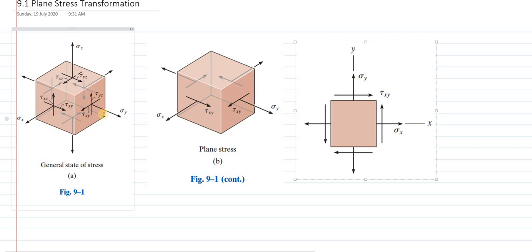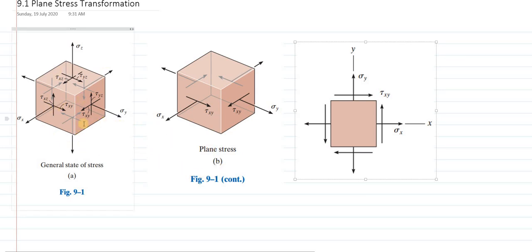We said that we need to find sigma x, sigma y, and sigma z, and three shear stress components, for example, tau xy, tau xz, and tau yz, and the rest will be established by equilibrium. And some of the shear stresses are complementary, so we can establish them.